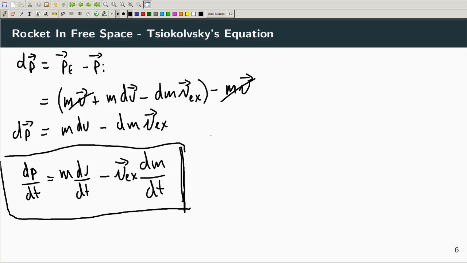So in this example, the rocket system is free. Therefore, from the conservation of momentum, the momentum must equal some constant.